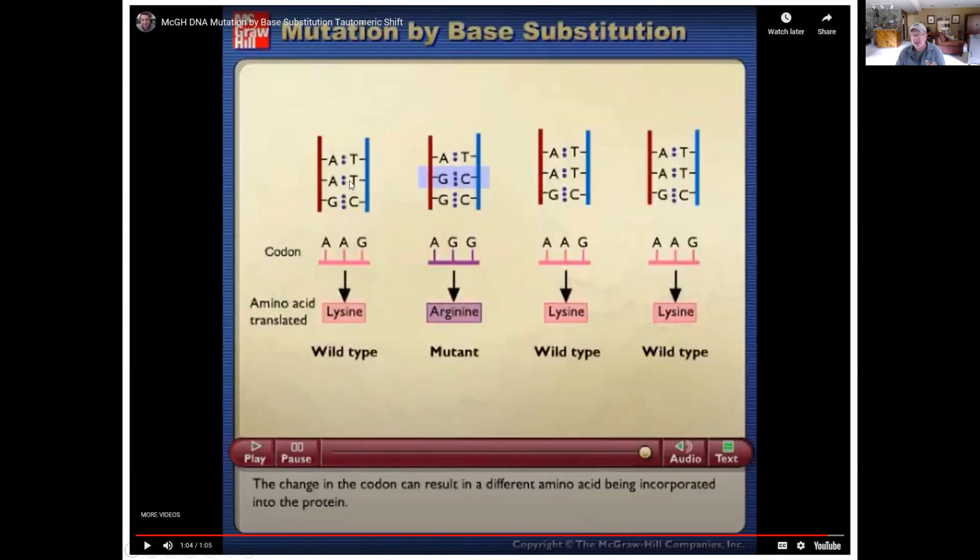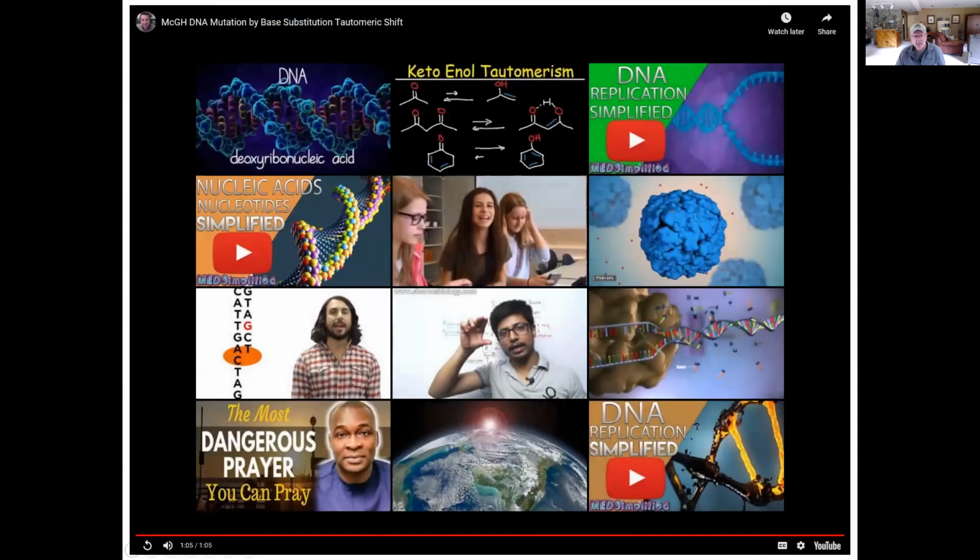We introduce a pair, so that's why it's called base pair substitutions. We introduce a different pair of nucleotides, and the effect is to form a totally different codon, which in turn will result in a totally different amino acid being brought in down the road. So let me go to this next slide. I think it'll do a better job describing the process.